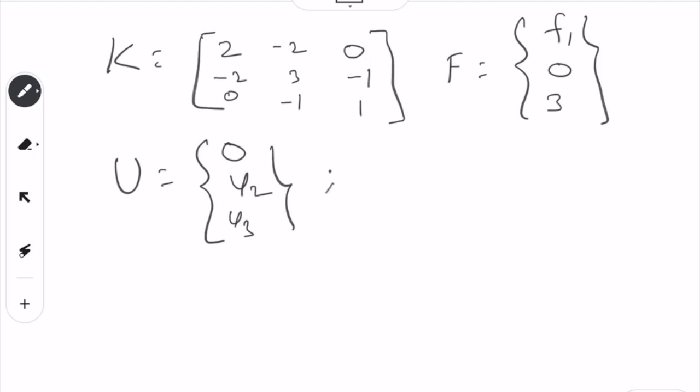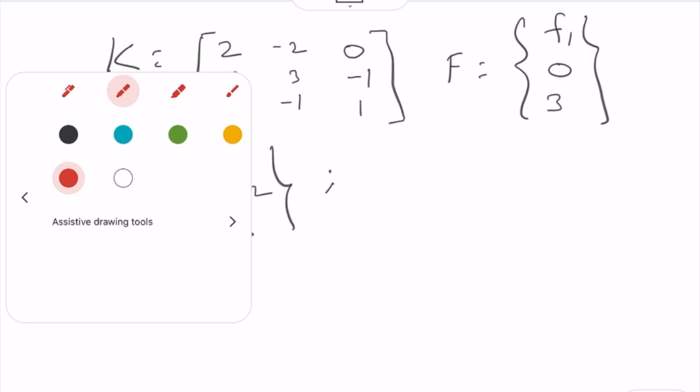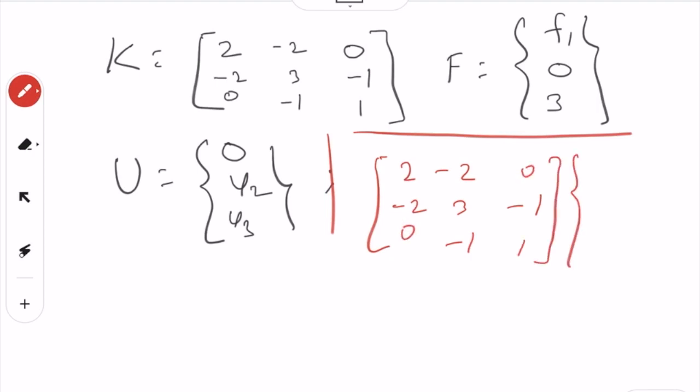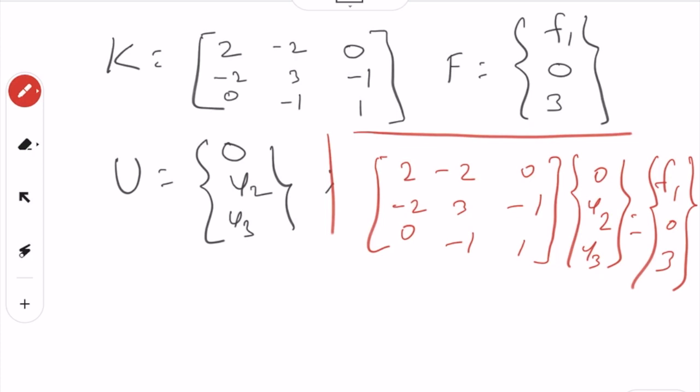Your equation is this multiplied by this equal to this: the matrix times 0, u2, u3 is equal to F1, 0, 3. This is what the equation is, and you have to solve this.